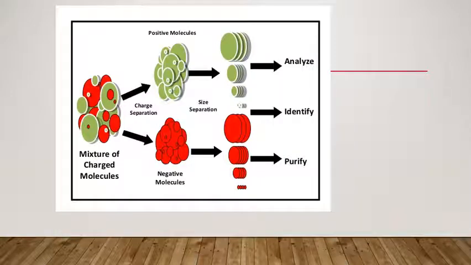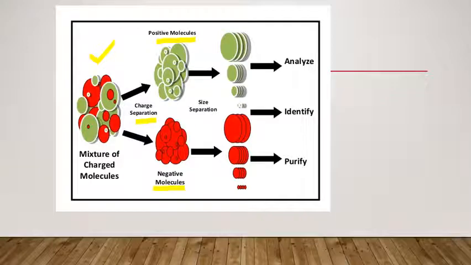So here you can see the mixture of charged particles. It is the sample. You can easily understand, on the basis of size and shape, how it is separated. The mixture of charged molecules in the sample passes out, and when we apply the electric field, it separates on the basis of the charge. Here you can see the positively charged molecules and the negatively charged molecules. So first, from the mixture, on applying the electric field, it separates on the basis of the charge.